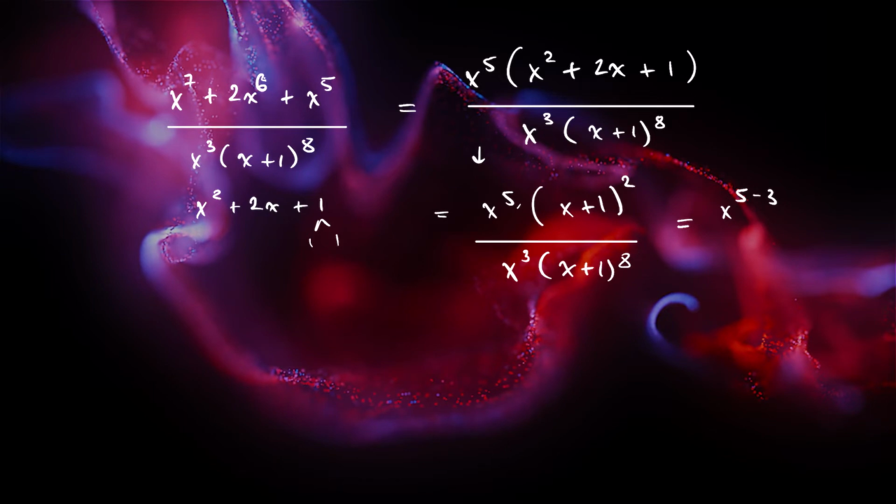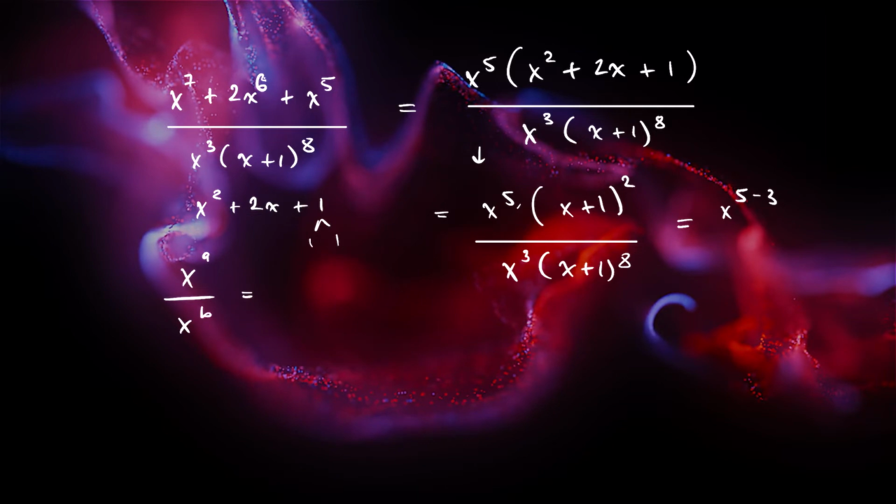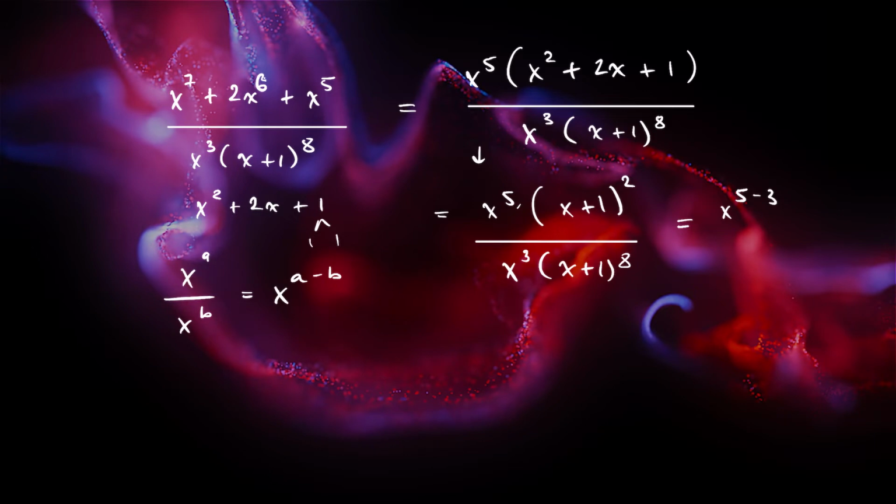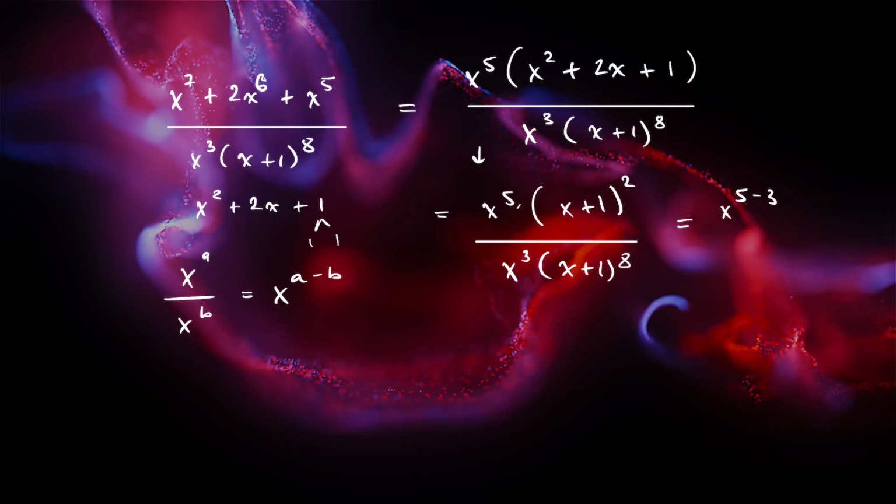So if we had, for example, x to the power of a divided by x to the power of b, assuming that the bases are the same, this will give us x to the power of a minus b. In this case, x to the power of 5 divided by x to the power of 3 gives me x to the power of 5 minus 3. So we get x squared.